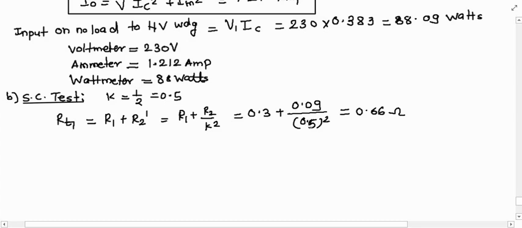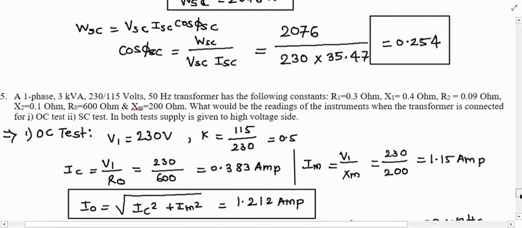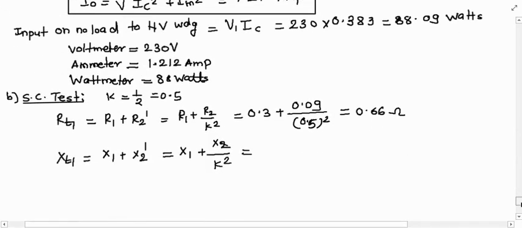This is 1 by 1/2 square, so 2 square into 0.09. Similarly, XT1 is equal to X1 plus X2 dash, which is equal to X1 plus X2 by K square, right? So what is X1? It is given in the problem. X1 is 0.4 and X2 is 0.1. Okay. So if you put the values, you will get this as 0.8 ohm, right?